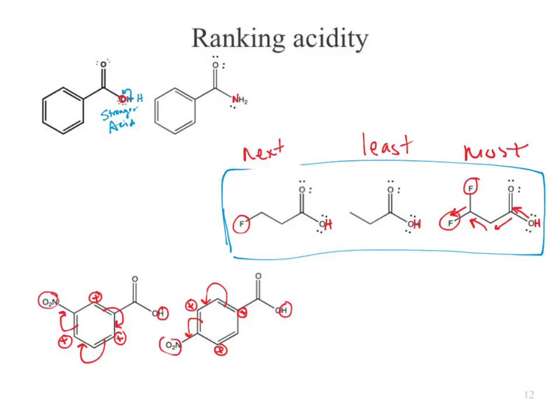Our electrons are going to be drawn into the structure to support a positive charge. Okay? We can use resonance to help us predict what's happening within these. Which one of these structures has the least electron density to stabilize that OH bond? The one on the right, which means more acidic. Evaluate your resonance. Okay? Questions?